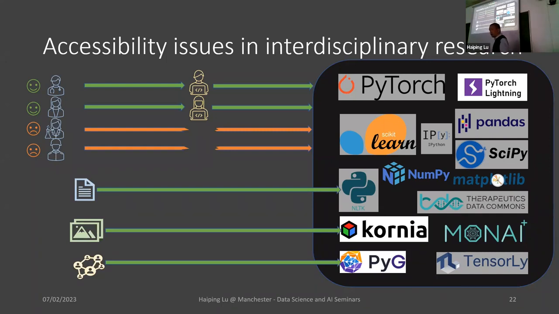Another reason is that there are dedicated libraries for particular modalities. For example, for text there is NLTK, for images and imaging data there are other libraries, and for graph data there are others again. But if you want to use all kinds of data in one project, it's really difficult, because you have to learn how to use this, that, and that, which raises the barrier higher.